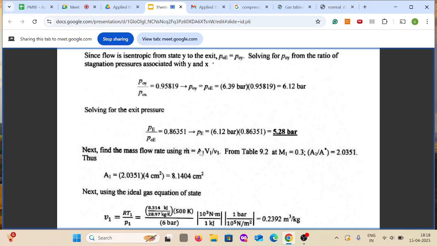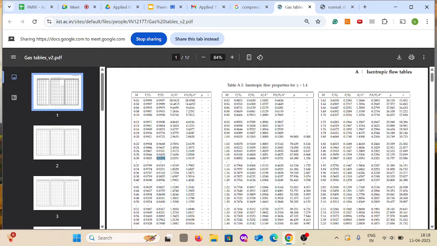So mass flow rate is rho A V, or A V divided by specific volume. So at Mach number of 0.3, your area ratio, area at the inlet to the throat area, from the table for Mach 0.3 is 2.0351.